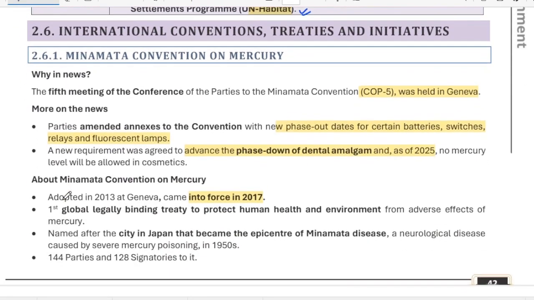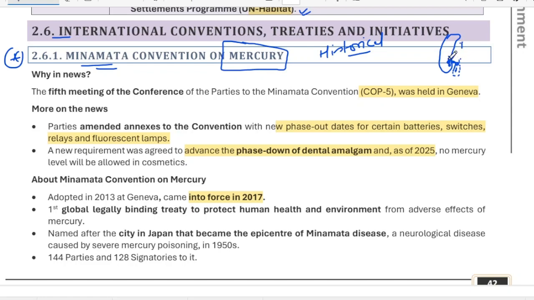Now, moving ahead to international conventions. What are some international conventions that we are going to cover? The Minamata Convention, which is on mercury. To give you a historical perspective: in Japan, in the southern region near the sea, people were getting sick with a mysterious disease.